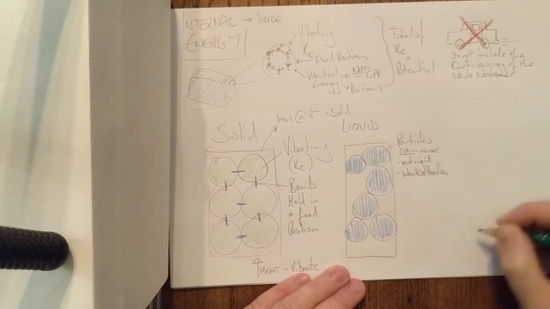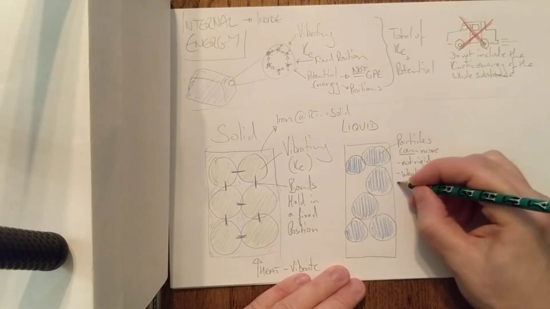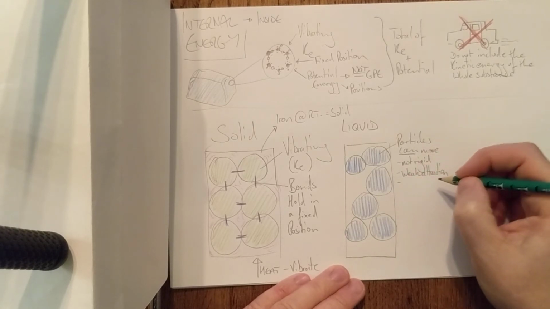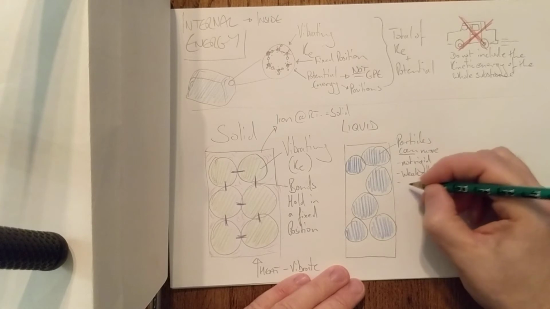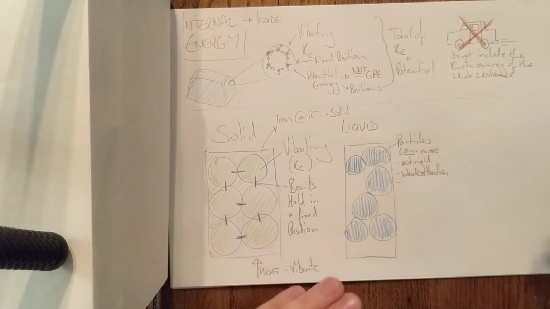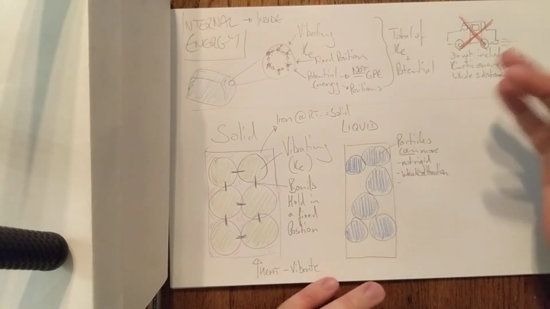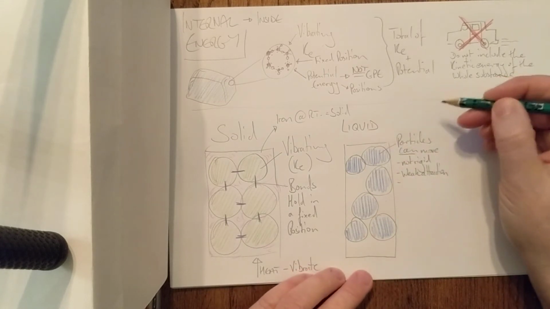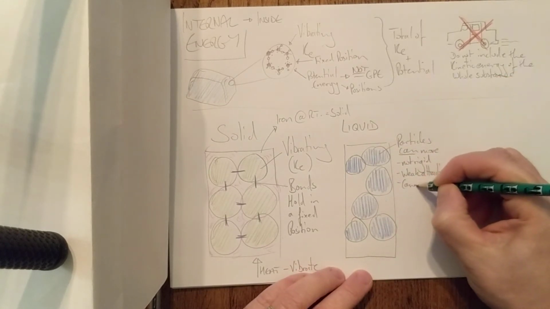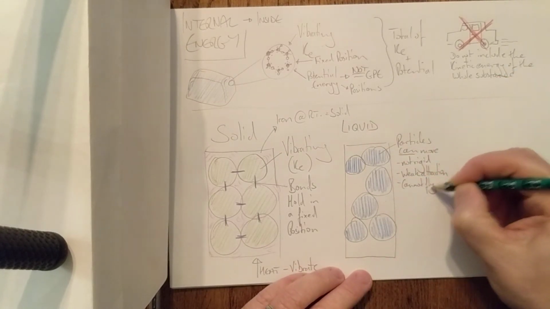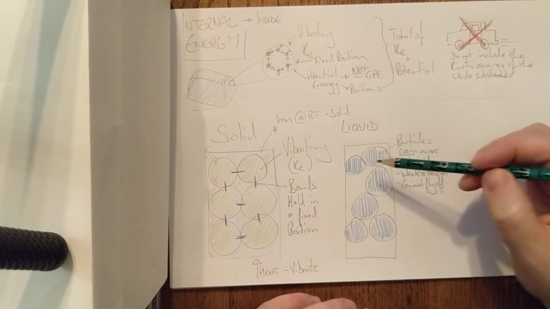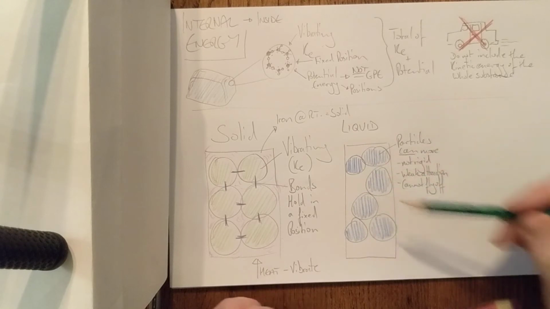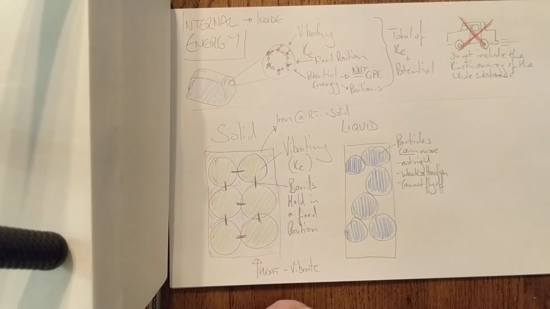Those weak attractions mean that the particles are not held rigidly, but they're still attracted to each other. So they're strong enough that the particles cannot fly off, but they're not strong enough to hold these particles in a rigid formation.